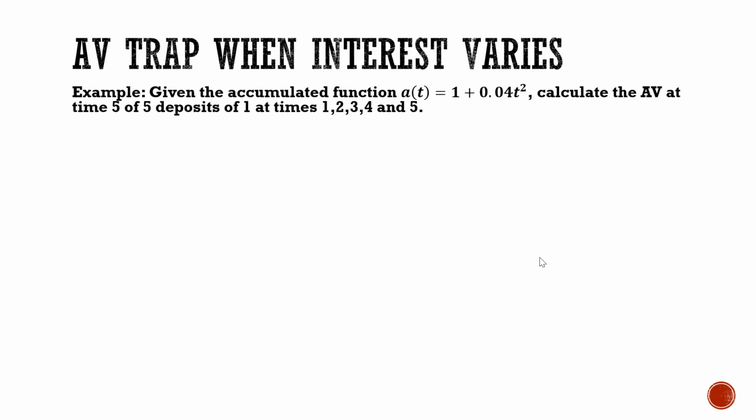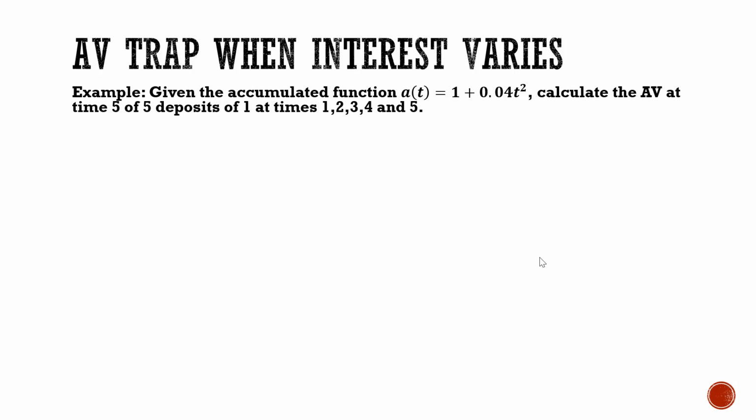Now in annuities, when the interest varies, we have a trap that many people get wrong all the time. So here's an example. Given the accumulation function a of t is 1 plus 0.04 t squared, calculate the accumulated value at time 5 of 5 deposits of 1 at times 1, 2, 3, 4, and 5.